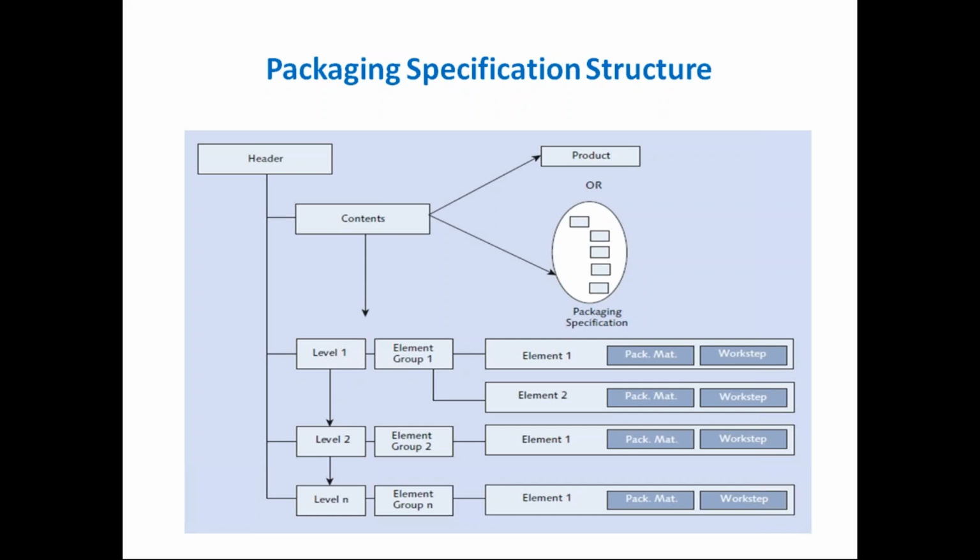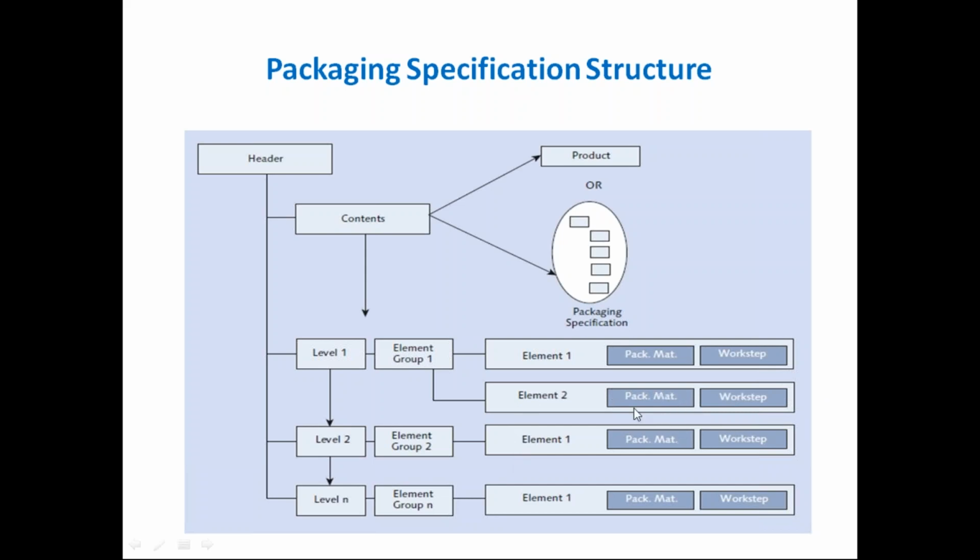Pressing with the punching machine is one kind of work step here. The polythene cover is a packaging material, so I can call it an element. If more than one element is there, or only one, we call it an element group.